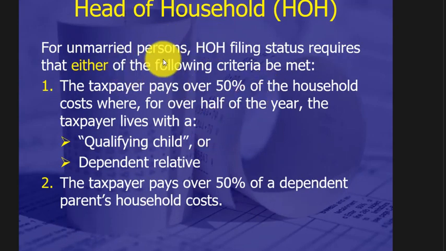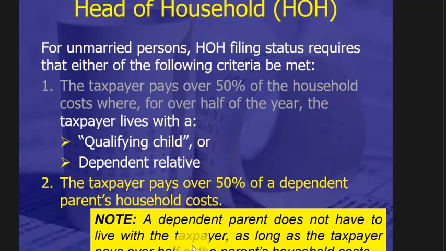So to be head of household, if you're unmarried, you have to provide support for a qualifying child or a dependent relative. You have to pay over 50% of a dependent parent's household cost. So if that dependent relative is a parent, it has to be over 50%. Now, here's kind of an interesting note. The dependent parent does not have to live with the taxpayer.